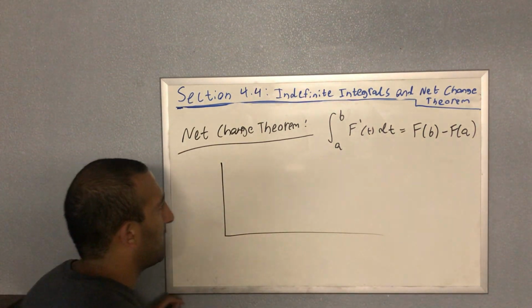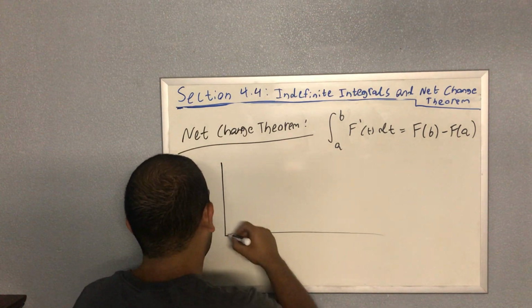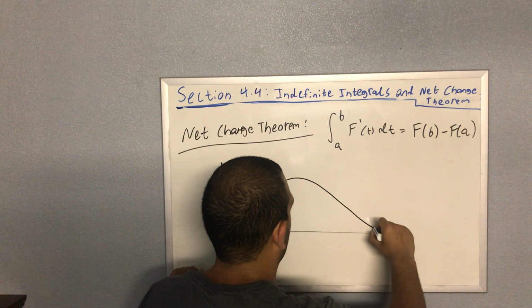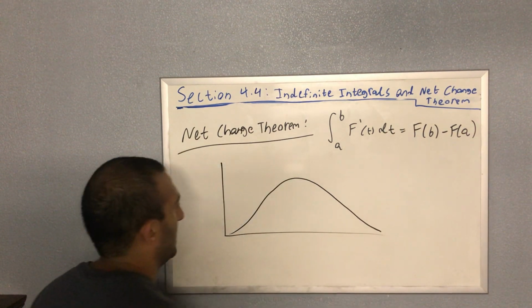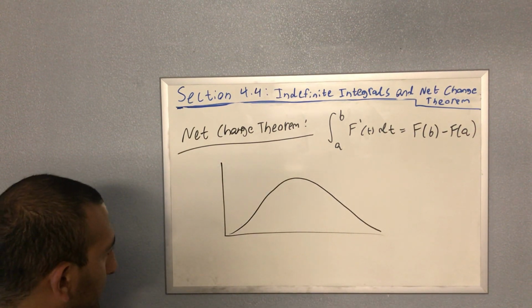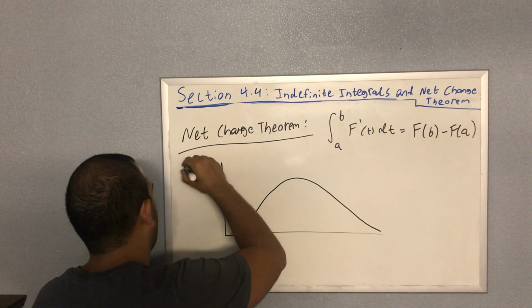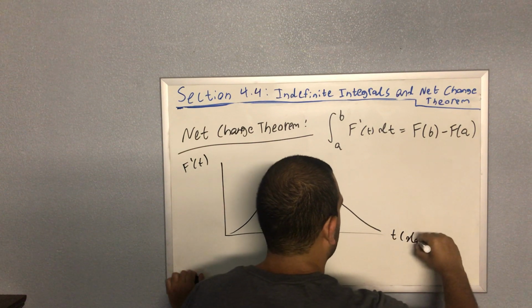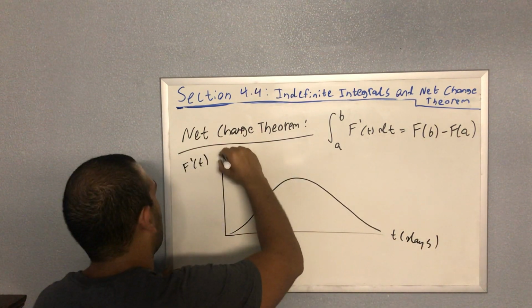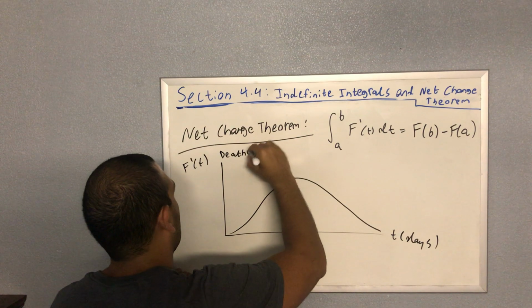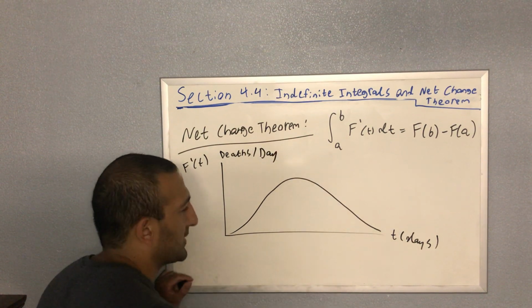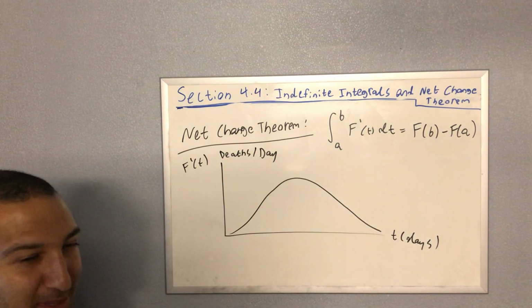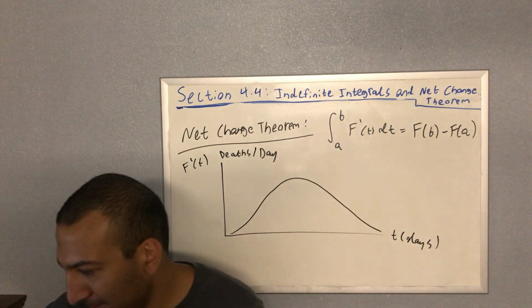So say that we have a graph of the deaths per day. Let's say it looks something like this. So this is f prime of t, and this is t. So this is in days, and then this is deaths per day. Sorry, it's such a grim topic, but I thought it might be interesting because it relates to what we're talking about.